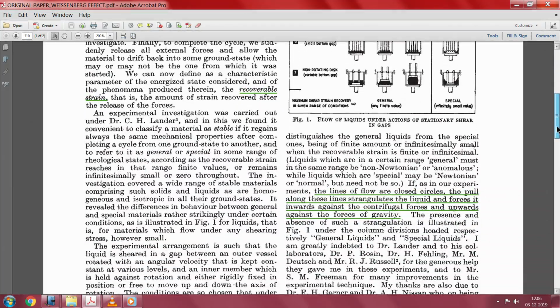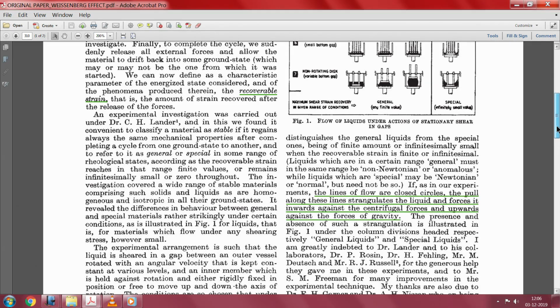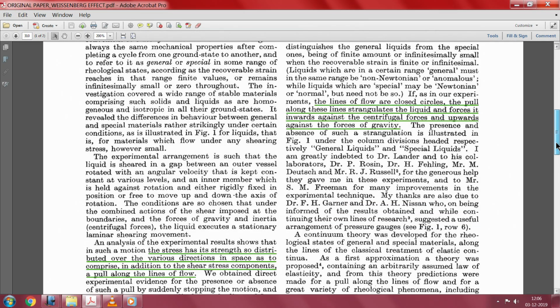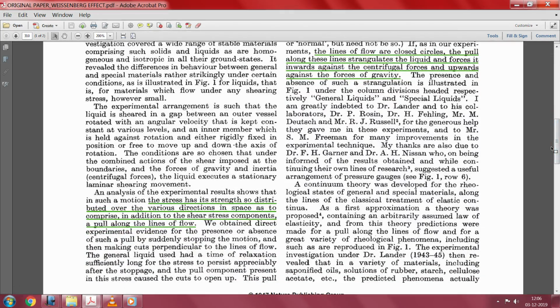There are a couple of important lines that I would like to draw your attention to. Over here, for example, he will attribute this partially to the normal stress. He says that an analysis of the experimental results shows that in such a motion the stress has its strength so distributed over the various directions in space as to comprise, in addition to the shear stress components, a pull along the lines of the flow.